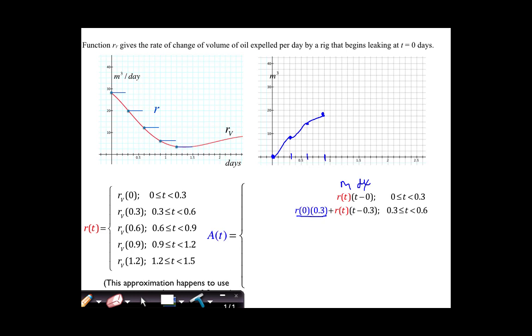So again, that R of t times t minus 0 and R of t times t minus 0.3, both of those represent that constant rate of change, m dx sort of piece, as t is increasing from 0.3 to 0.6, using that new rate, the current rate, whichever one actually applies during the interval we're in.